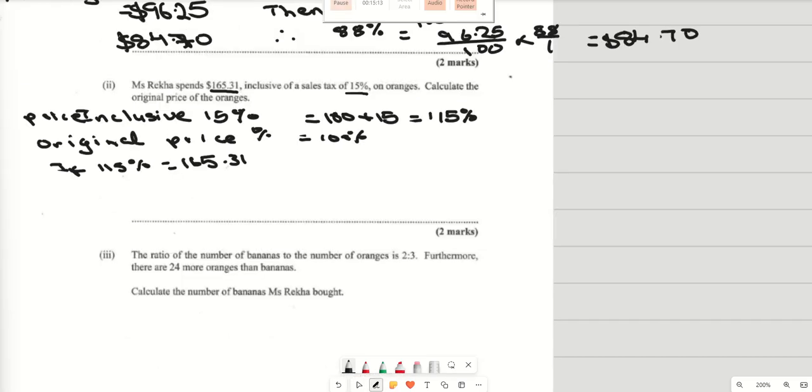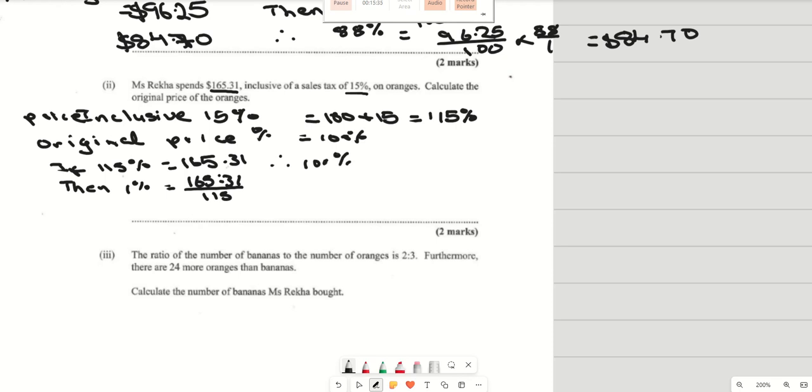This question, if then, you find for 1%, which is equal to 165.31 divided by 115. And therefore, we have to find the original price, which is 100%.